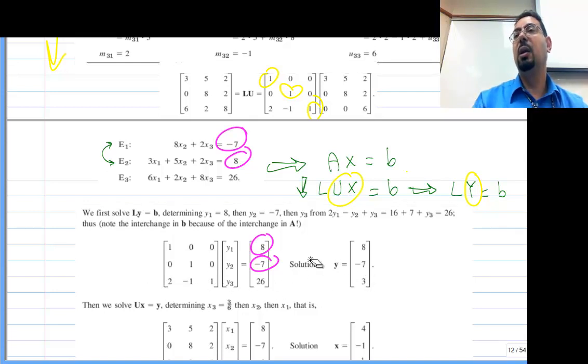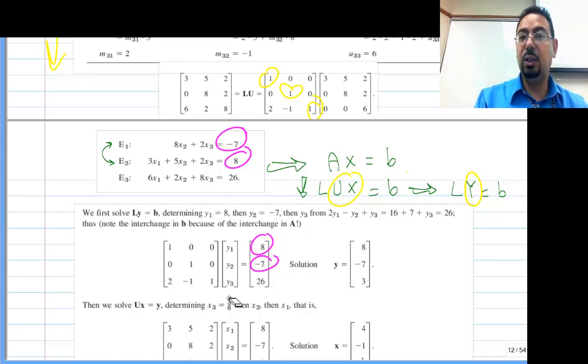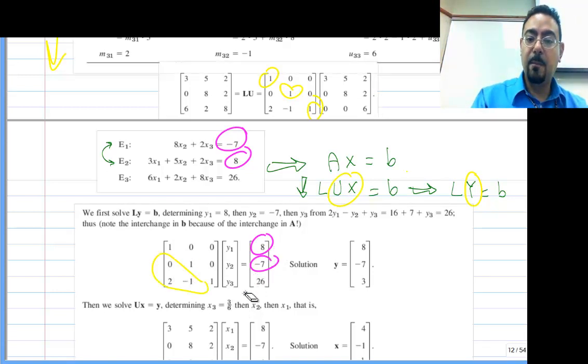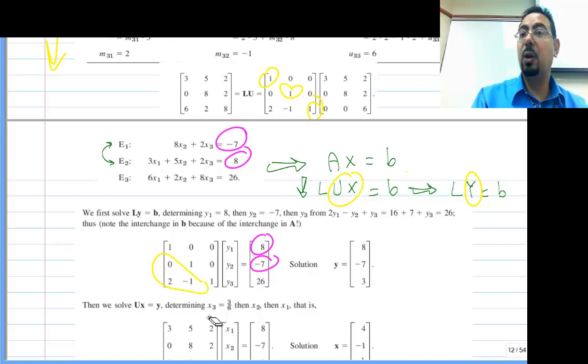Five of your numbers in that upper triangle are all the same, they only change the bottom number from an 8 to a 6. Say that again. Those are all 1, the diagonals are all 1, right? What I'm saying is from your original matrix, your upper triangle stayed the same except for the bottom corner, which is 6. Correct.